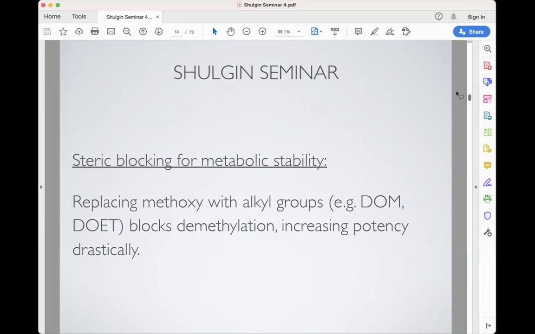Yeah. So the first example, he says, confirmed the former possibility, and therefore the methyl analog of TMA2 is the most active of the methoxylated amphetamines, and it led to DOM. Yeah.